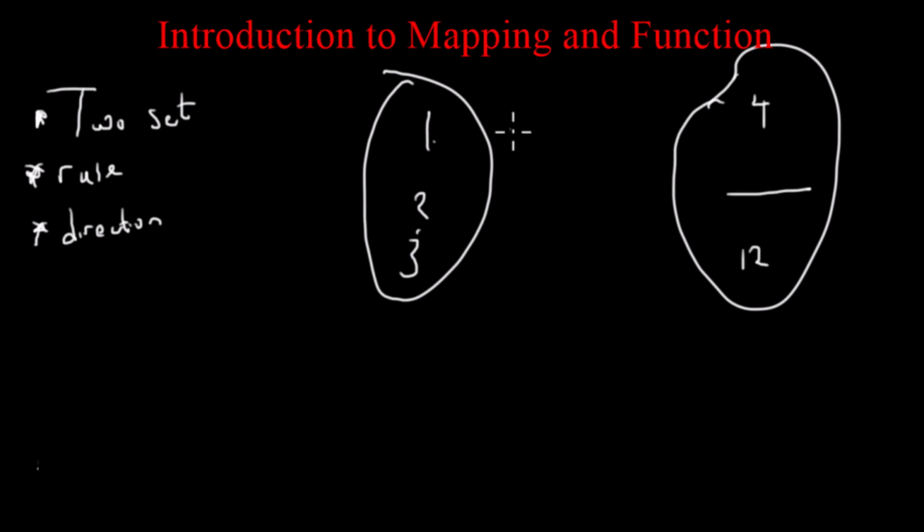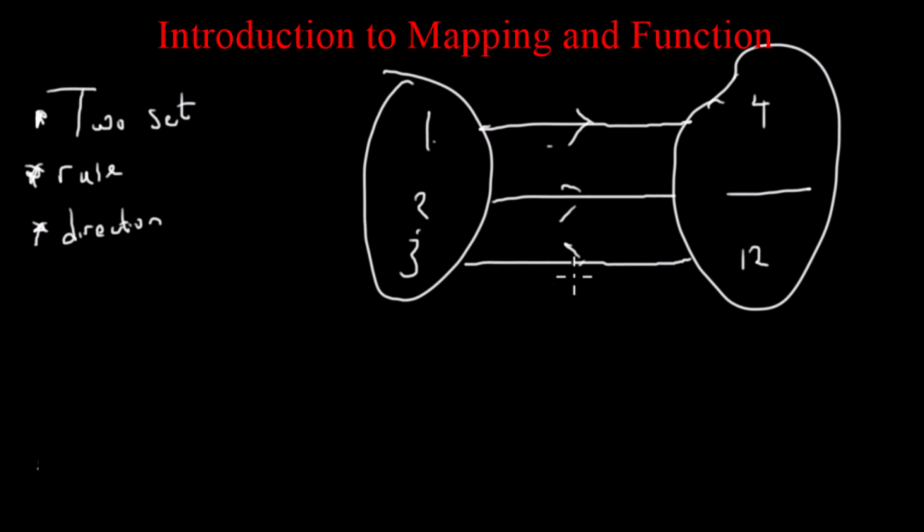Then I'm saying 1 is mapping out to 4, 2 is mapping out to dash, 3 is mapping out to 12. Then we have an arrow diagram. Now, if we are to find this missing value, how can we find it? Again, we have to find the rule. Once we know the rule, then we can know what will be present in this place.